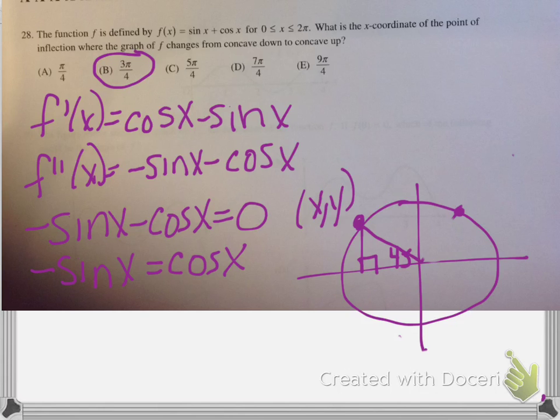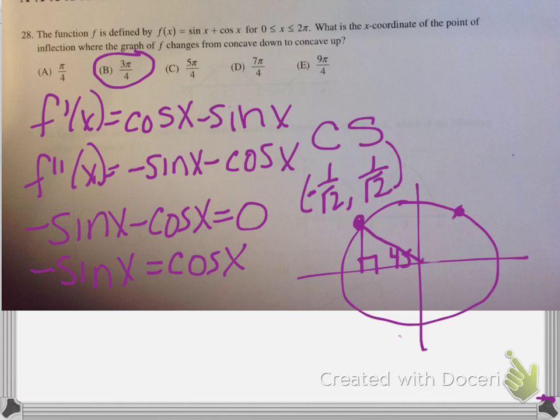So that means that this is a 45, 45, 90 triangle. So your x and y coordinates are still going to be 1 over radical 2 and 1 over radical 2, but the difference is that the x-coordinate here is negative. Okay, so this is cosine, and this is sine.